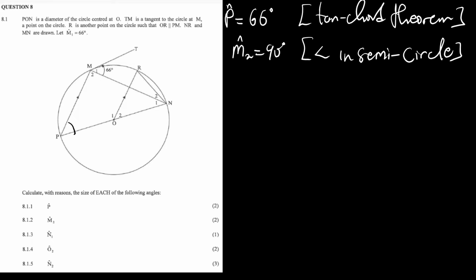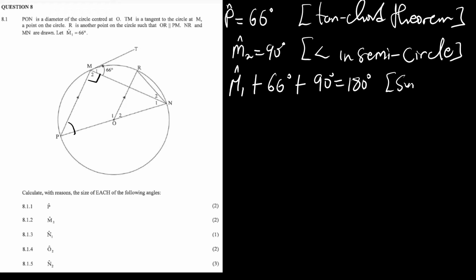Then the next question is to find angle N1. We can find angle N1 in this way. Angle M2 plus angle P plus angle N1 is going to give us 180 degrees, because these are the sum of angles in a triangle. So angle N1 plus angle P, which is 66 degrees, plus angle M2, which is 90 degrees, gives us 180 degrees.